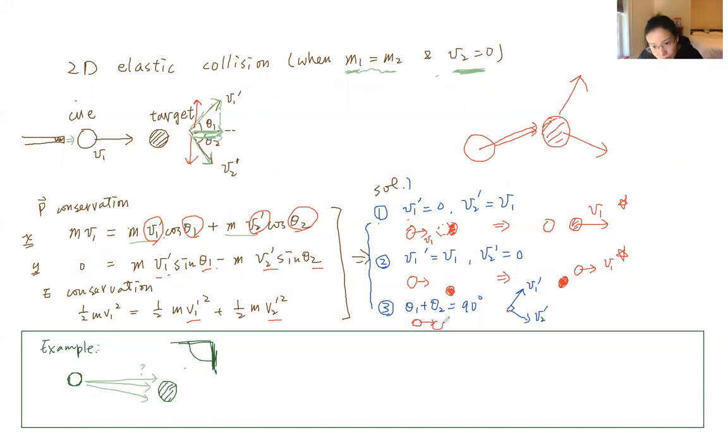When this happens, the cue ball will roll in one direction and the target ball will roll in another direction. And the angle between their paths is 90 degrees. This is the third scenario.